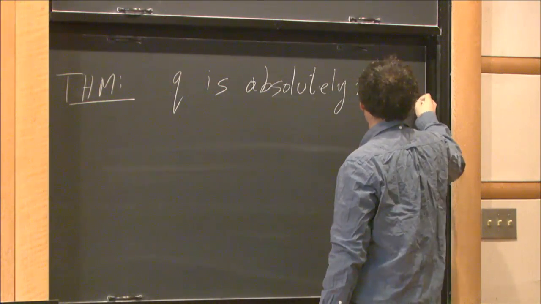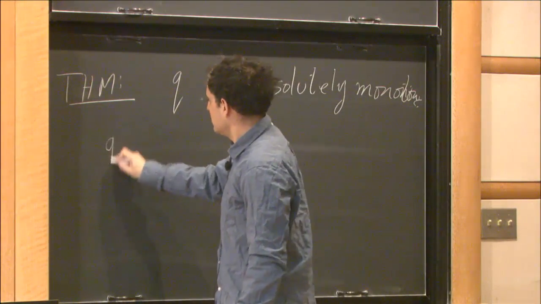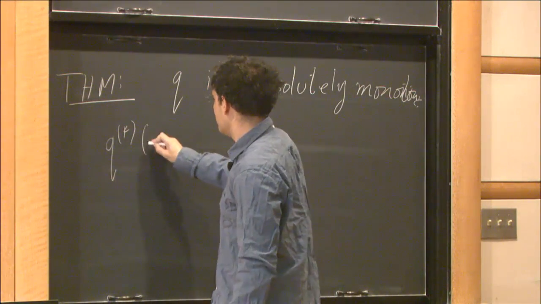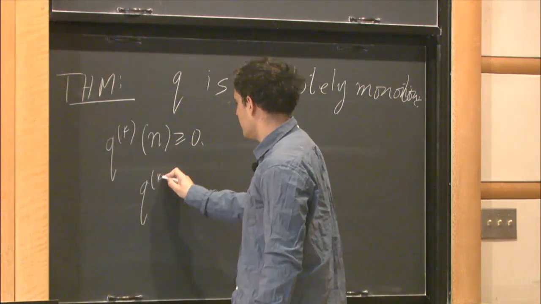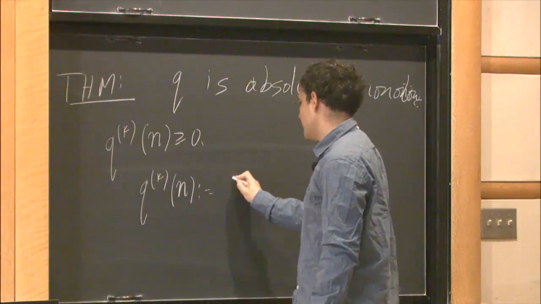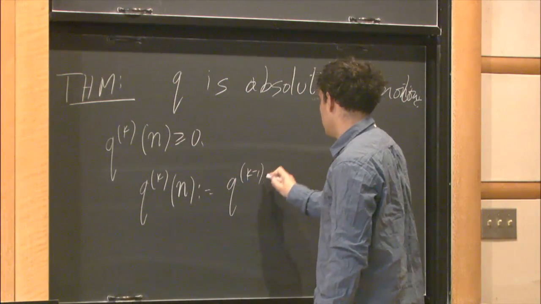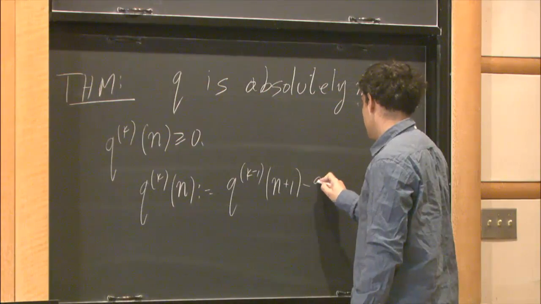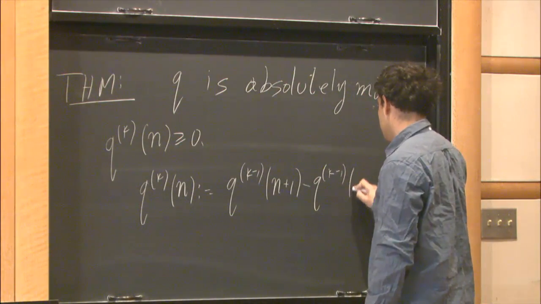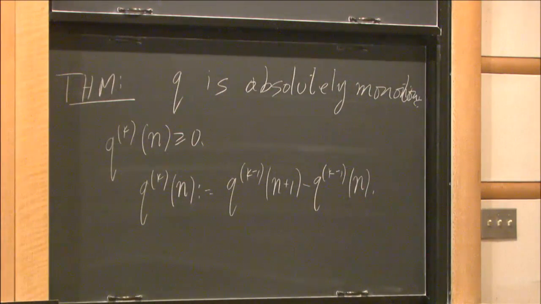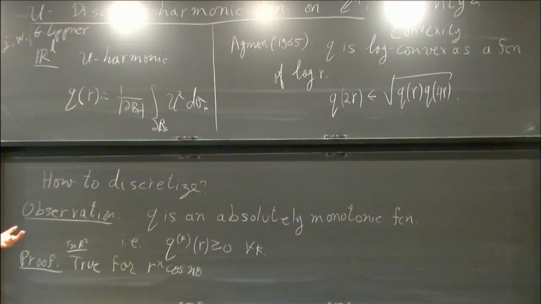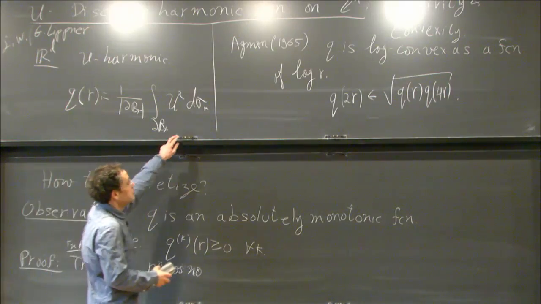In the discrete case, it means that all the derivatives of Q are non-negative, where the derivative in the discrete sense, Q_k of n, is defined by Q_{k-1} at n plus 1 minus Q_{k-1} at n. Before I show you the proof, let me show some simple application of this statement.